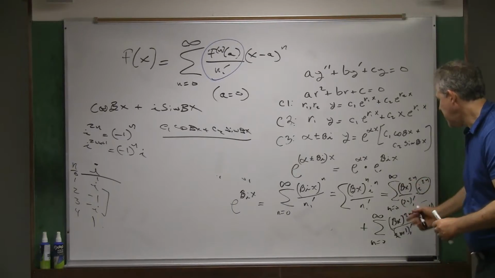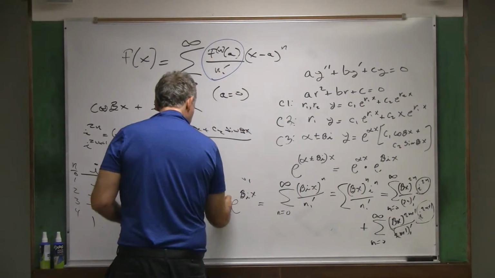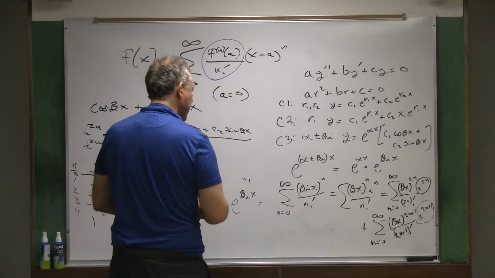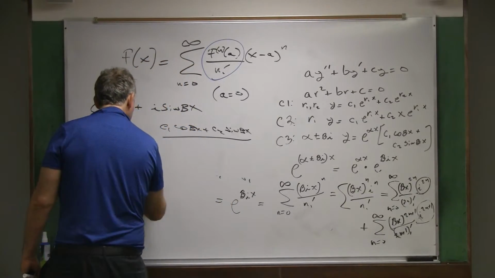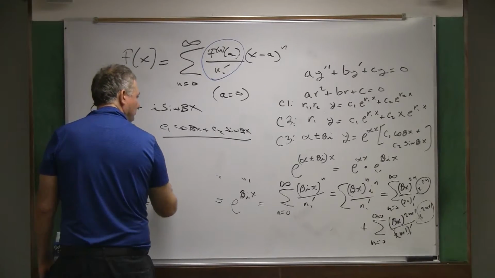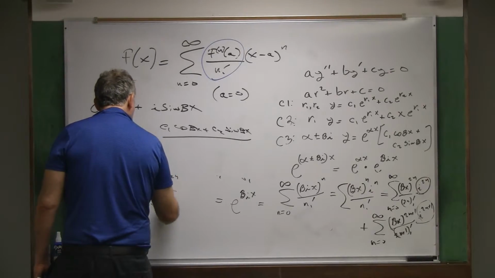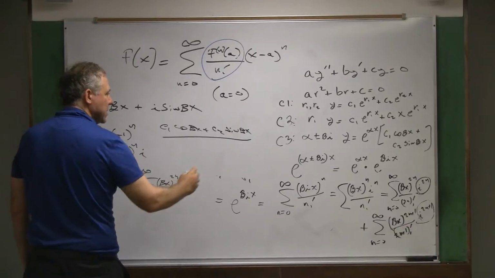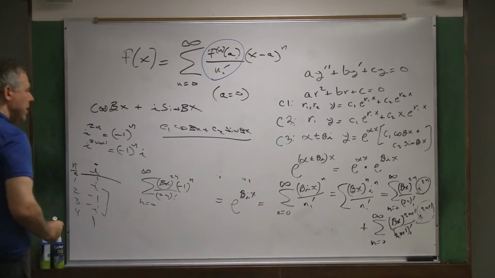This one right here is just going to be a sum from n equals 0 to infinity of (beta x)^(2n) over 2n factorial, and that's just going to be an alternating (-1)^n.